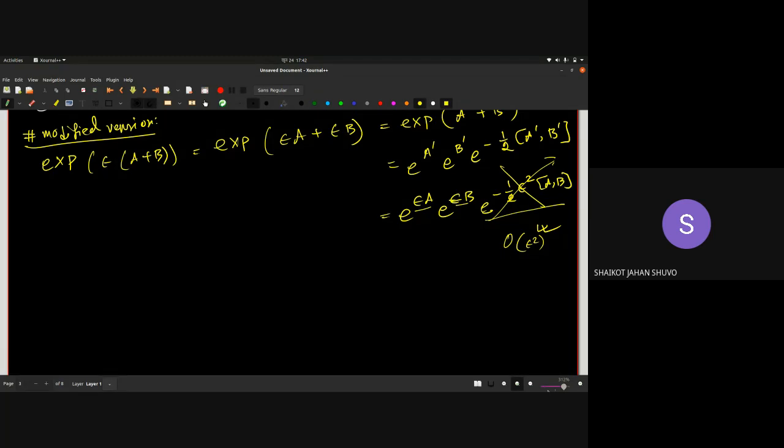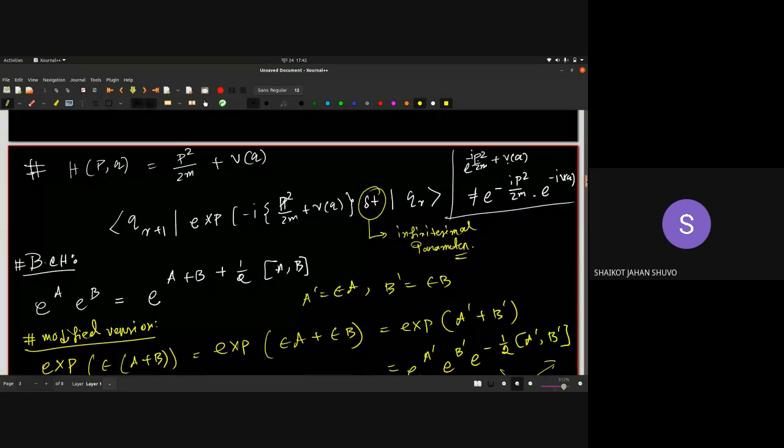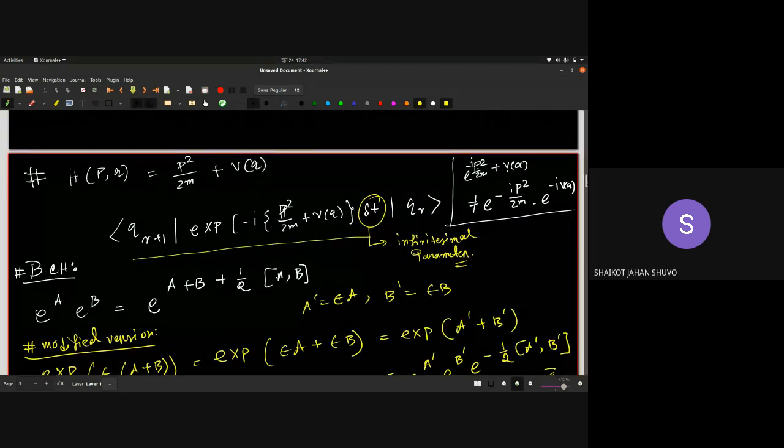So what we have seen over here is that if we have some operators a and b with some infinitesimal parameters multiplied to them, we can detach them, right? So that's what we are going to do on this expression over here.